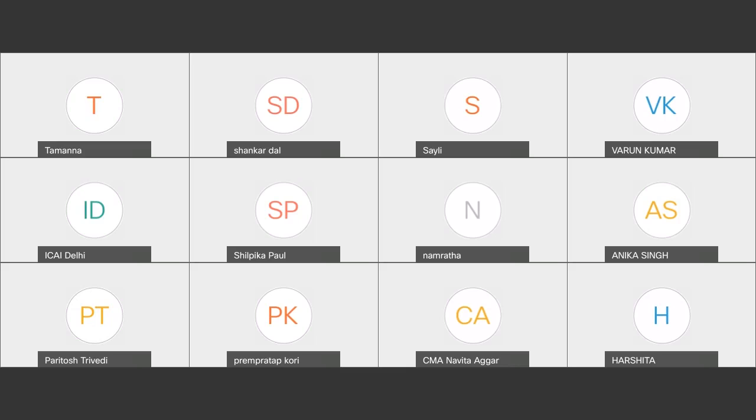So now we'll come to similarly, when a registered person is creating a tax invoice and making a payment to an unregistered person under RCM, whenever they make the payment to the unregistered person, the registered person is required to raise a payment voucher also.